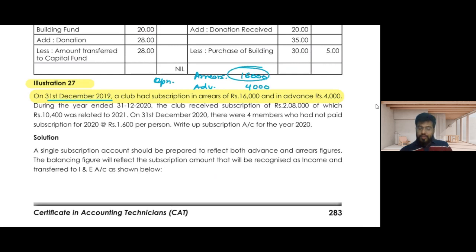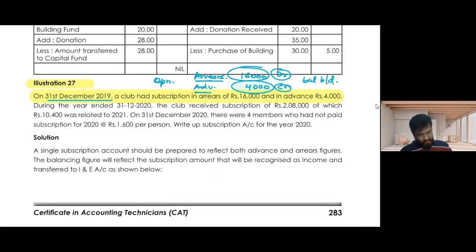So this 16,000 should be received in the previous year, but it is not received, so it will be received in the current year. So this will be to balance brought down, and this 4,000 would be by balance brought down on the credit side because it is an advance. Okay, it is a liability. So on my subscription account, arrears will come in the debit side and advance will come on the credit side as a balance brought down.